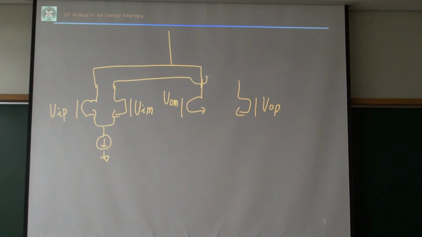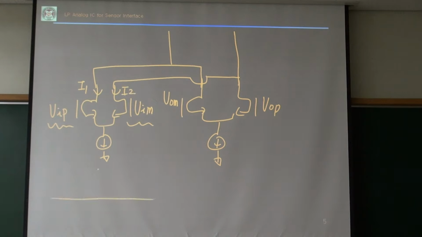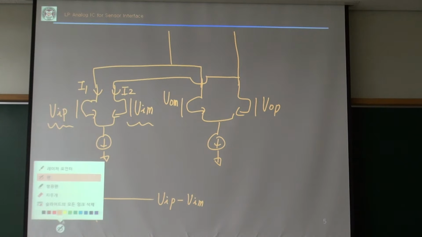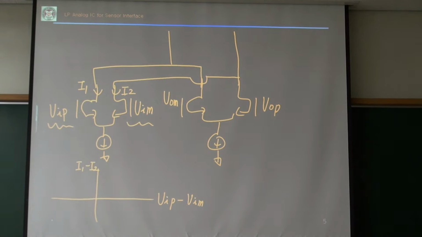Say this is I1 and I2. Then the differential current as a function of VIP minus VIM goes from minus IO to IO, the tail current, and is 0 here.